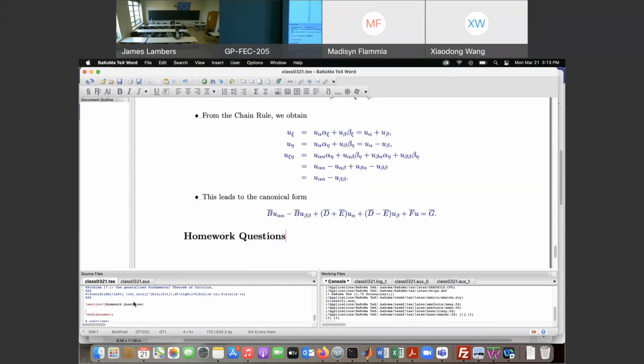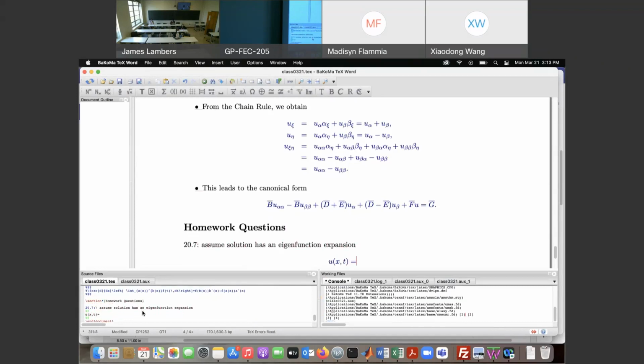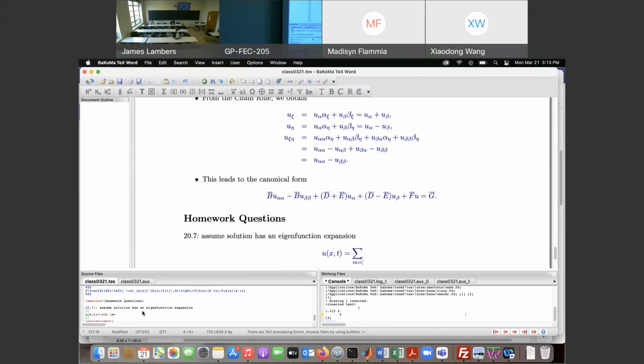So the assumed solution has an eigenfunction expansion: u of x, t is equal to a sum of X n of x times T n of t.